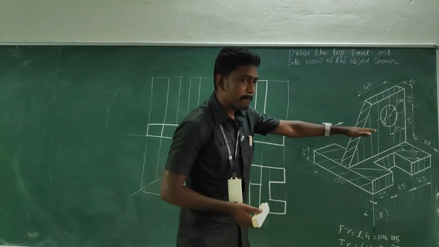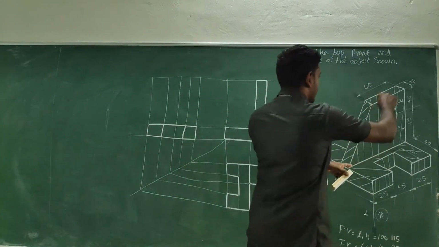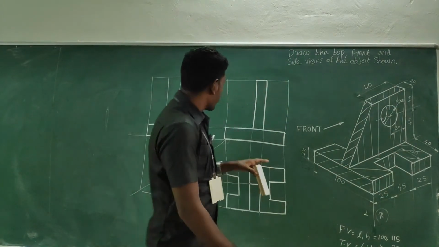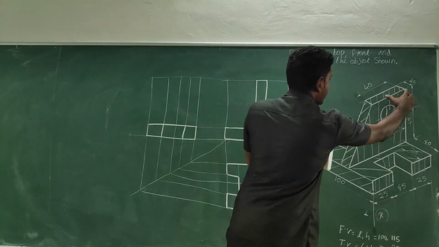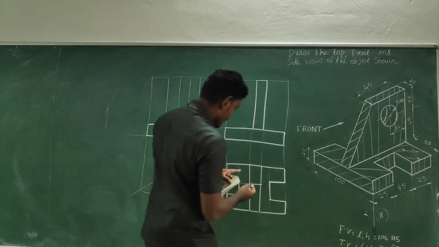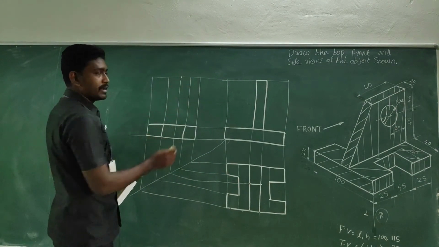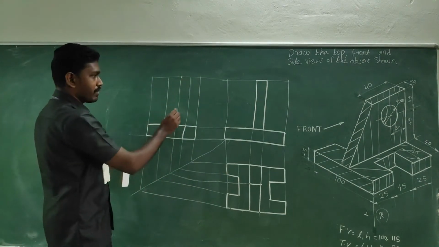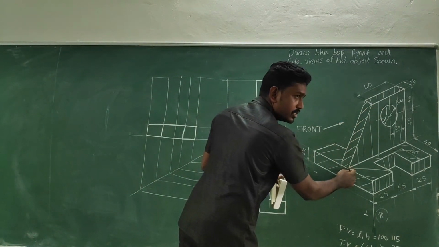And next, go to the vertical wall. This wall, this region is visible to you, so we must capture it. So see, what about this distance, which is 40? Already we have taken it here. So this projector is coming here, so this is the exact point. Without any confusion, this end is joining with this base region. Am I right?